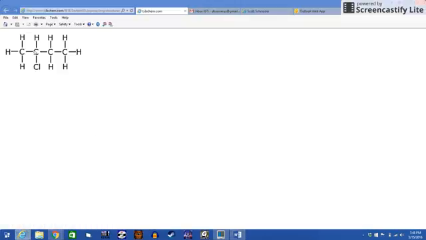2-chlorobutane. Check it out. You have the 4 carbons in a row right here, and then at the 2 position, 1, 2, here's a chlorine. It's almost the same as what we were doing with alkanes, like 2-methylbutane. Well, now instead of a methyl, a CH3 group, it's a chlorine, so a Cl group, and so we say chloro.